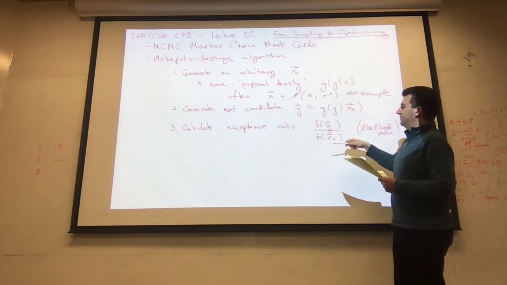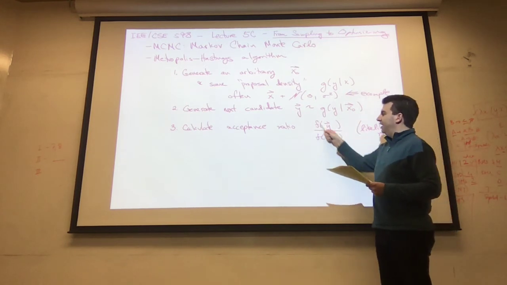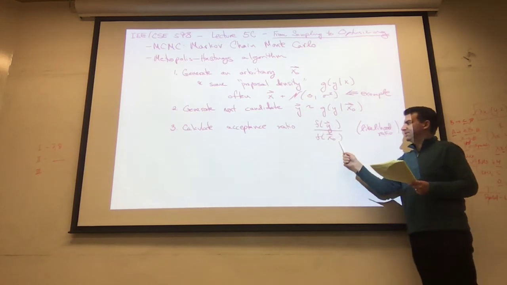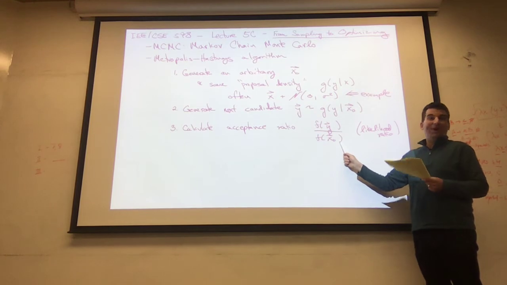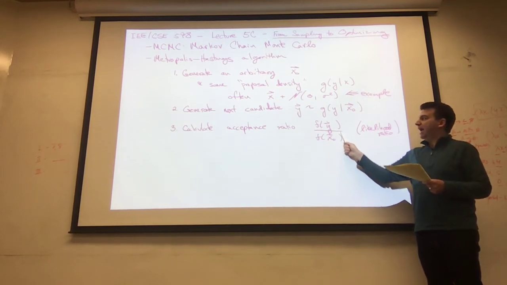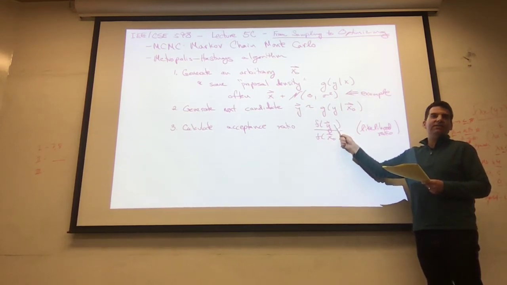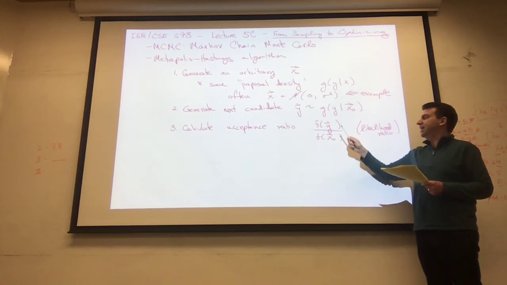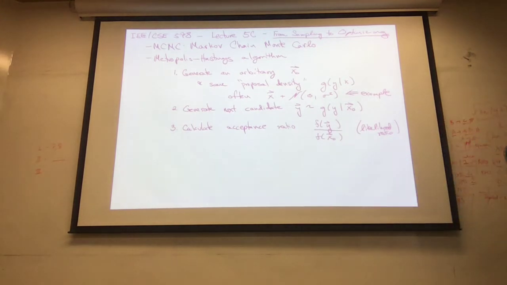I have a potential sample in x0 that I was going to give, but now you've proposed y. Should I give y instead? If this acceptance ratio is greater than or equal to 1, then you accept y instead of x.